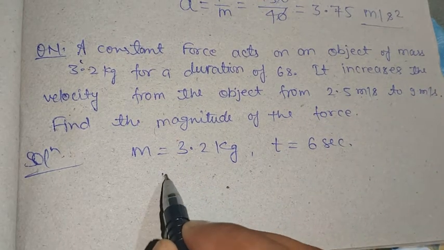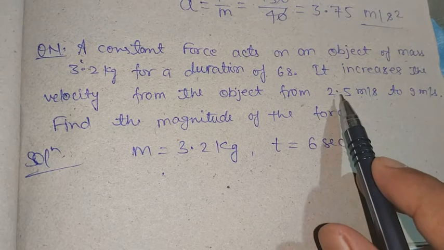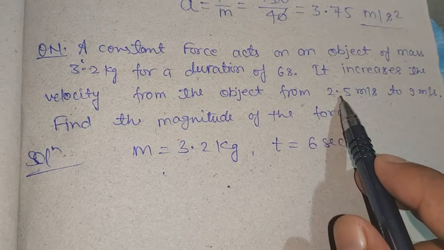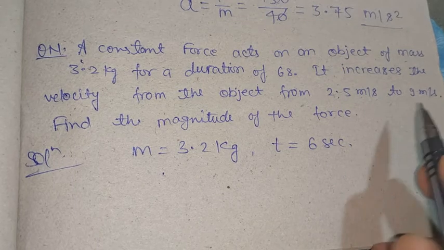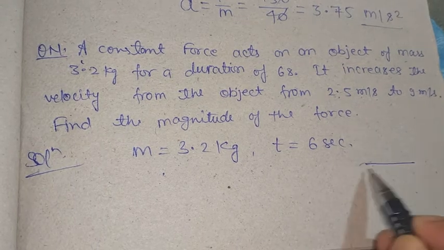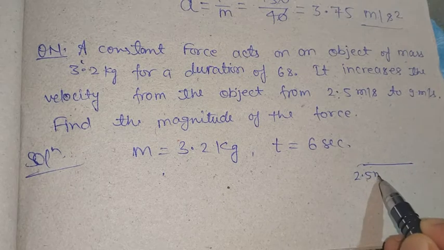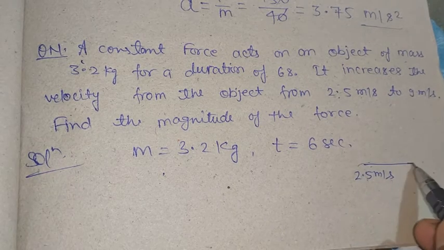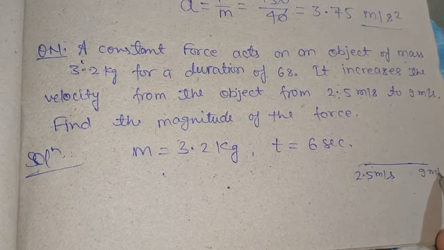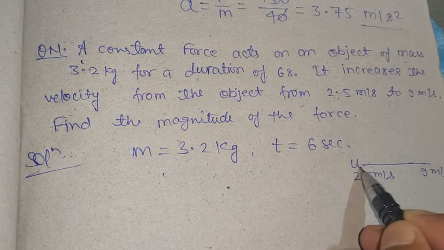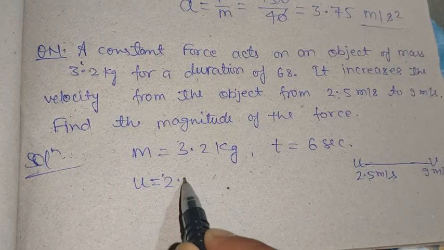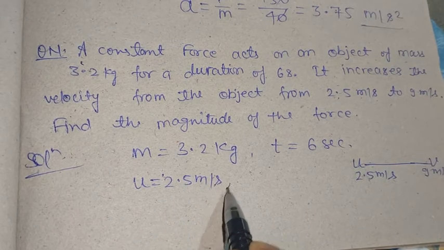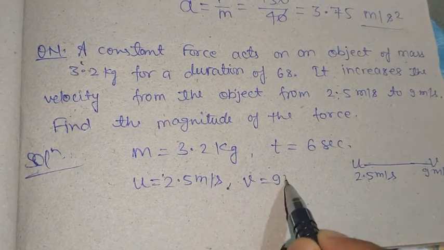When we apply the force, the velocity was 2.5 meter per second, and after applying the force it becomes 9 meter per second. So this is the initial velocity and this is the final velocity. So u is 2.5 meter per second, v is 9 meter per second.